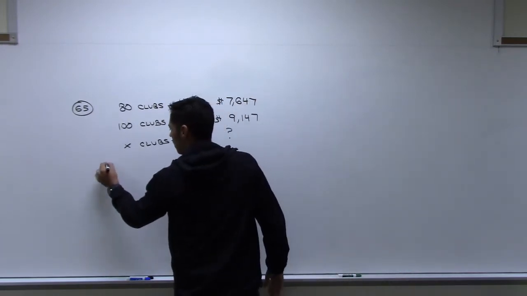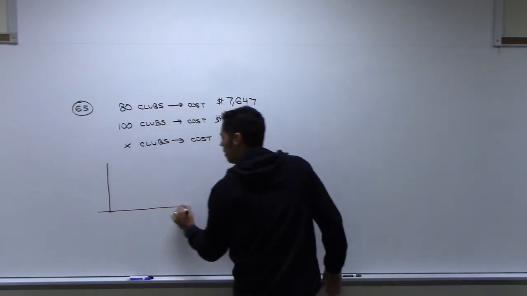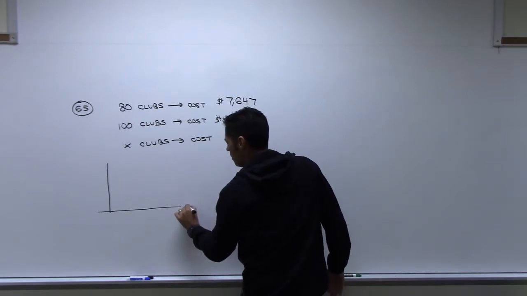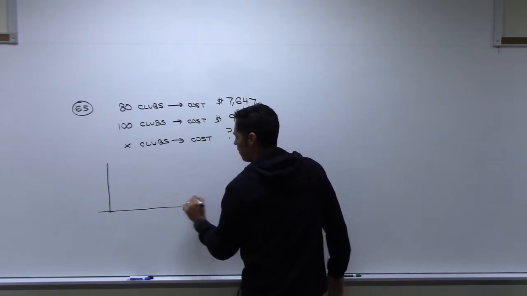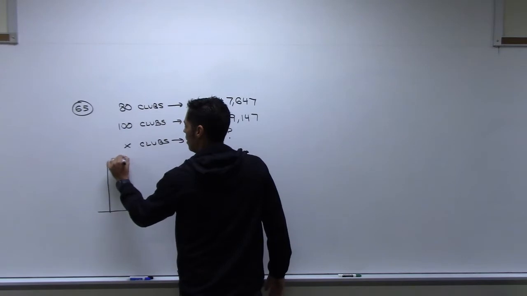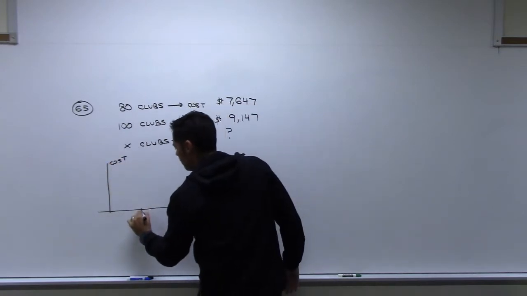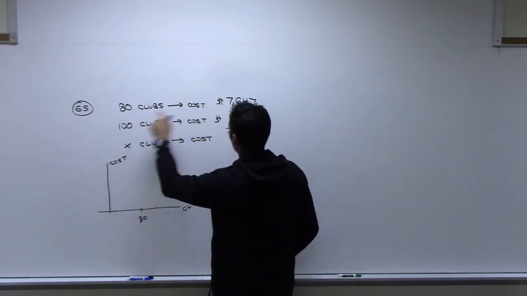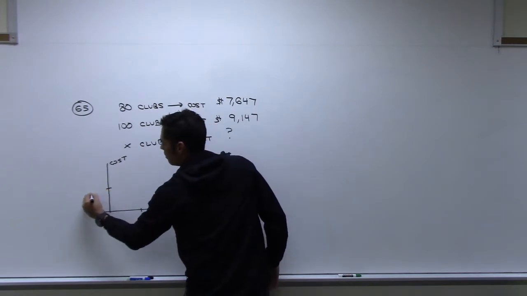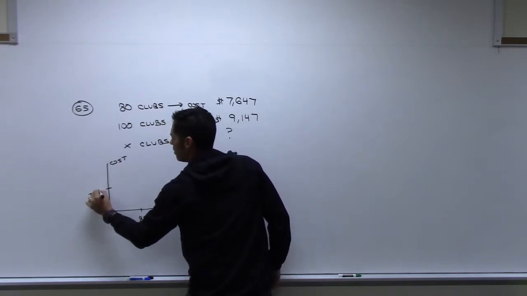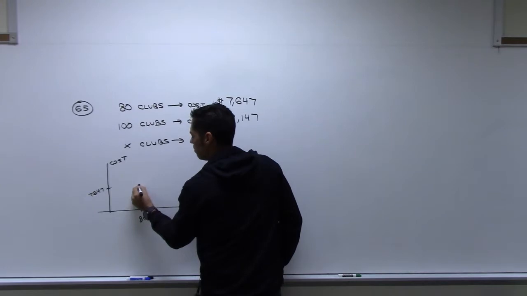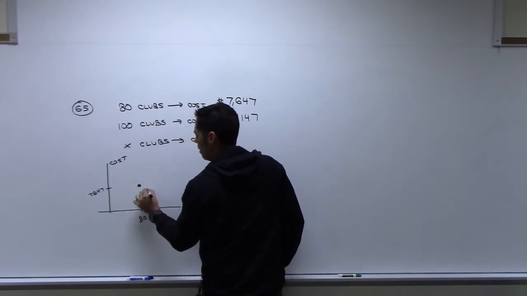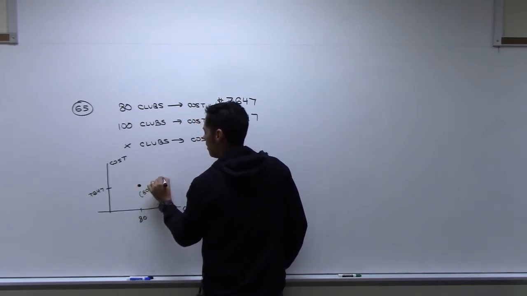And so graphically, if this is the clubs that we're producing, and this is the cost, we know that at 80 clubs, we have a cost of $7,647. So that's like a point, an ordered pair, 80, 7,647.